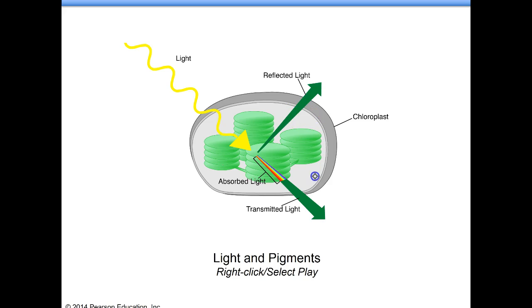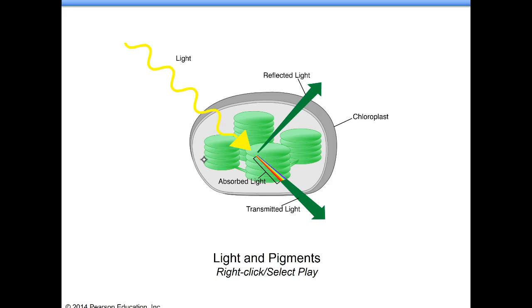The space that surrounds this is the stroma, and the photosystems are going to collect that energy from the sunlight and use that to split the water and to make the glucose and release the oxygen. And they're going to use water and carbon dioxide in this process.